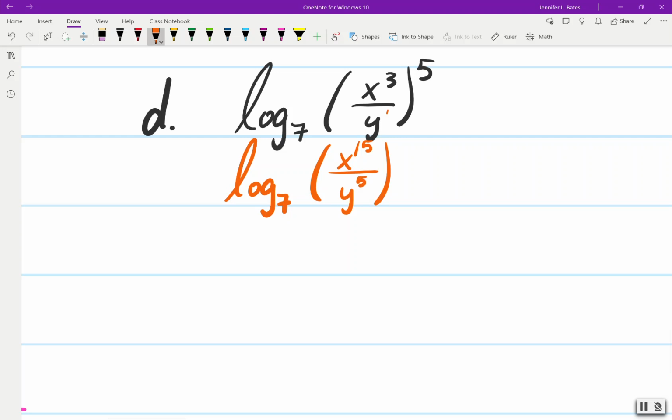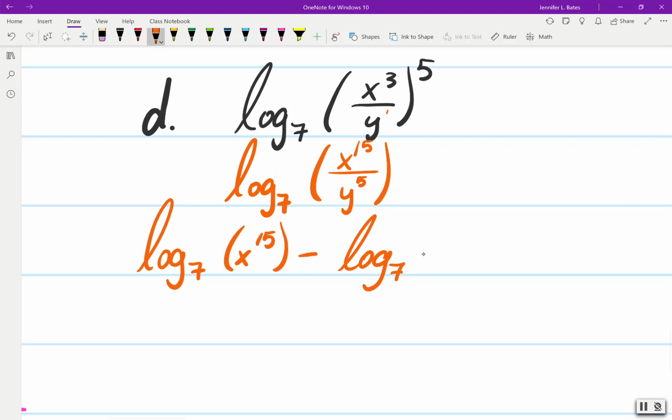Log property 2 says if I have two pieces getting divided in the argument, I can split them into two logs and subtract them. So this is really log base 7 of x to the 15th minus log base 7 of y to the 5th. We use property 2 here.